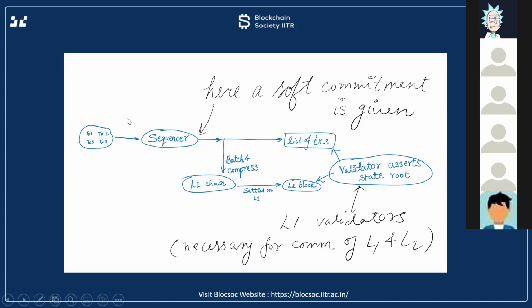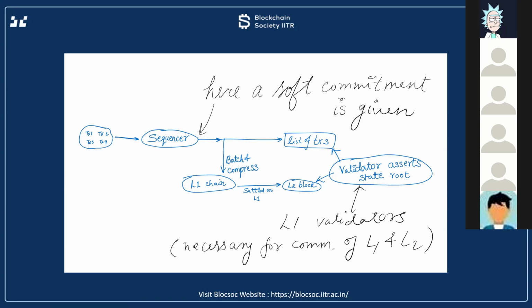So this is how a sequencer works. This is a transaction mempool where the transactions being sent to a rollup or an L2 are held. Sequencers then cherry pick some of the transactions from this mempool which it finds favorable, because of its ability to select transactions, order them and batch them.